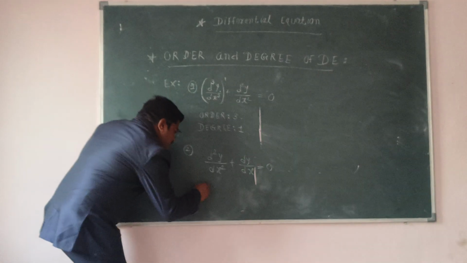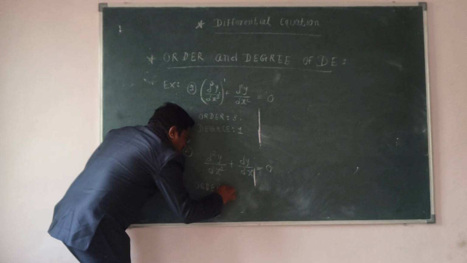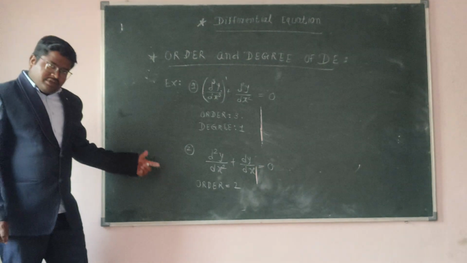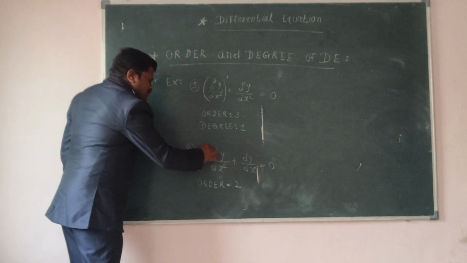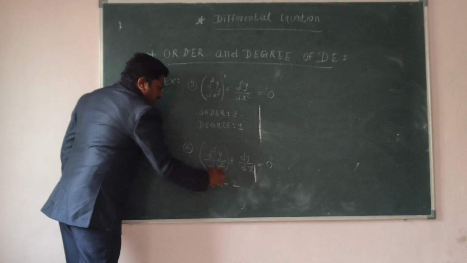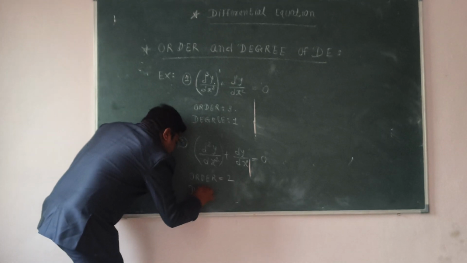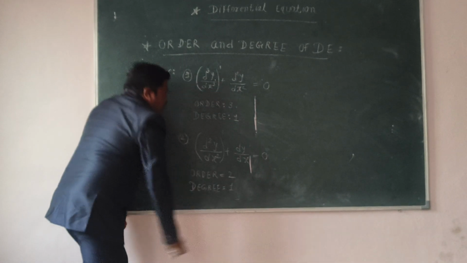So the order of this equation is 2. And the degree of that equation, we know the definition of degree: the power of the highest order derivative is 1. So the degree of that equation is also 1.